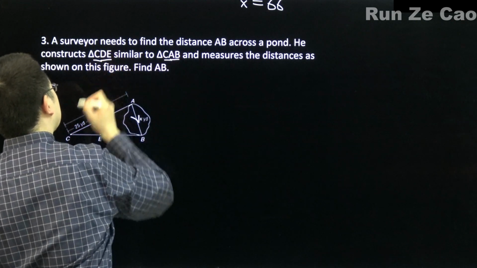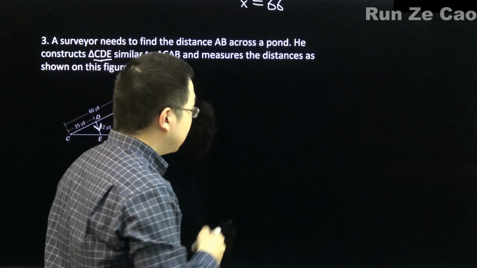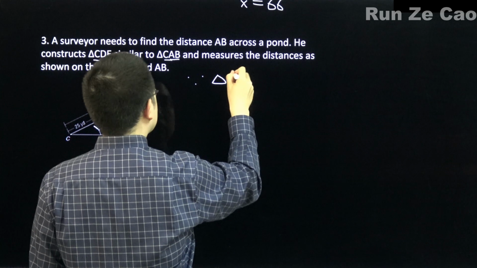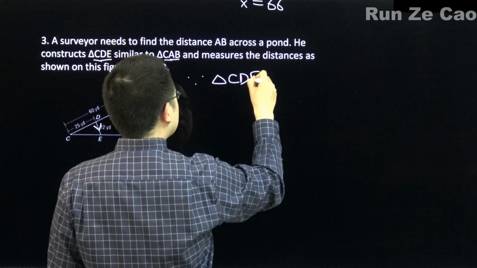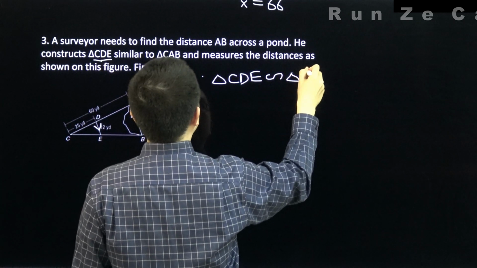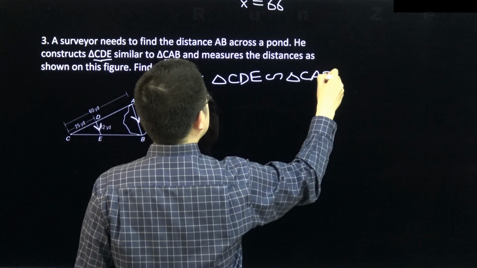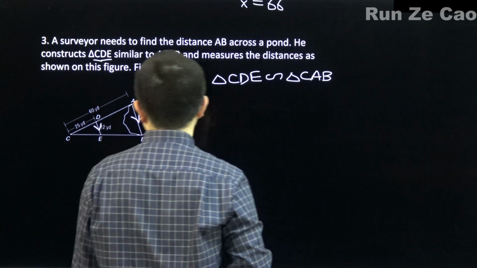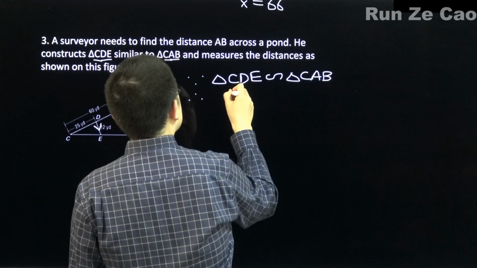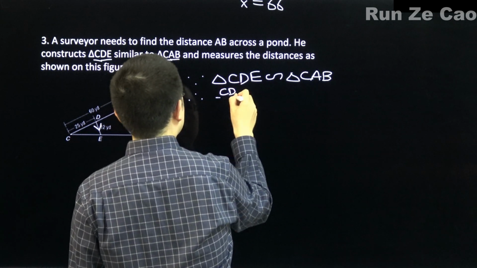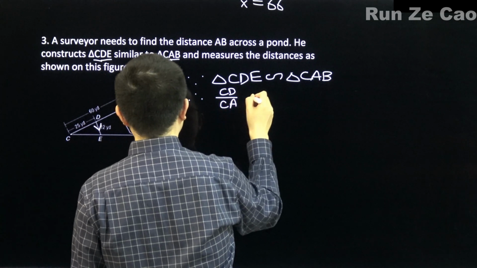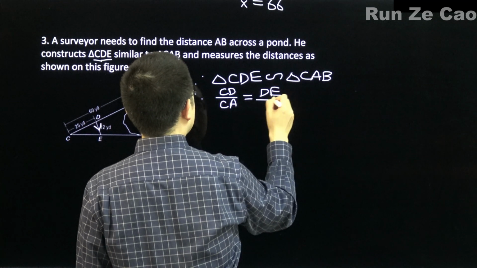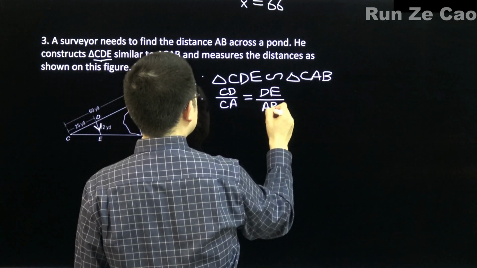Oh, I should probably underline the C's as well. So, because triangle CDE is similar to triangle CAB, therefore CD over CA is equal to DE over AB.